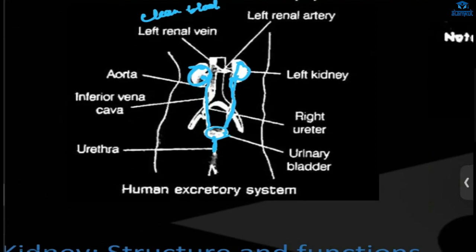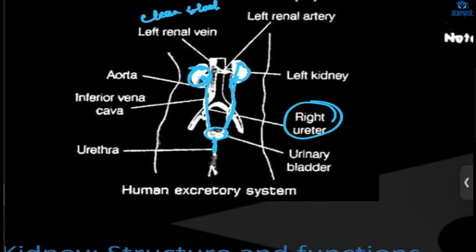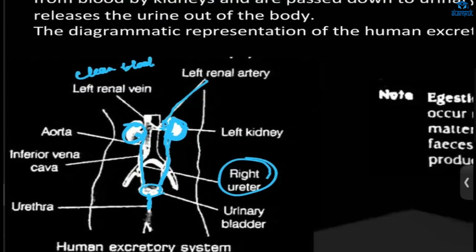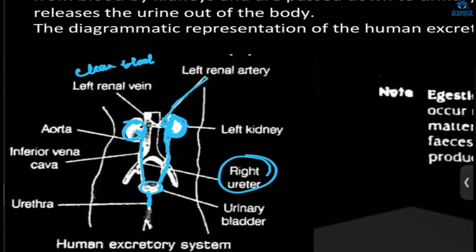What is the work of the ureter? Can anyone say? Ma'am, can you explain once again? This kidney cleans the blood. The renal artery takes the blood into the kidney, and the blood is filtered. The urine is made by filtration from urea, salt waste, and excess water.